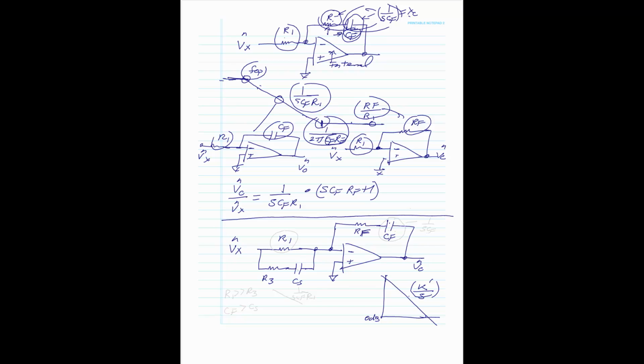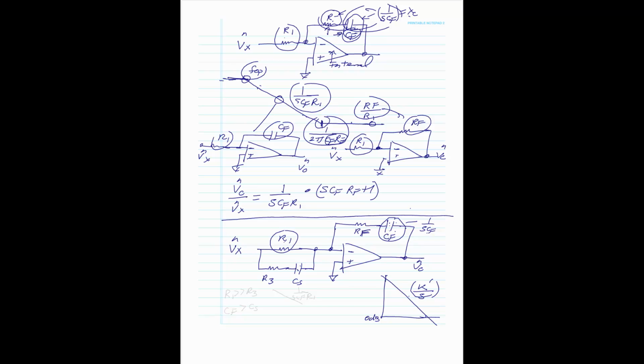So let's look at the transfer function. We start off at low frequency, where this is 1 over sCF. At low frequency, this is very high, which means this impedance is much greater than this, so it looks like a capacitor circuit. This impedance is also high, but a high impedance in parallel with a lower impedance, R1 wins.